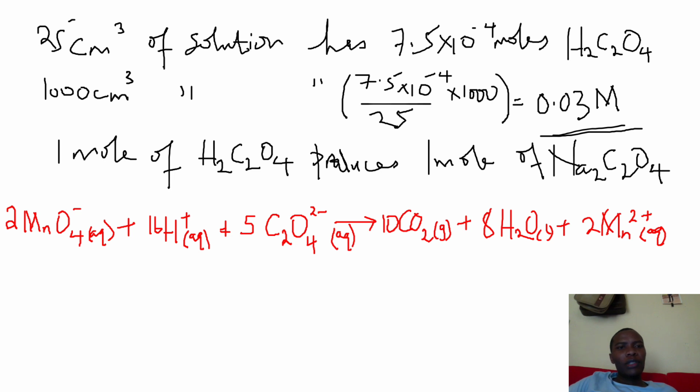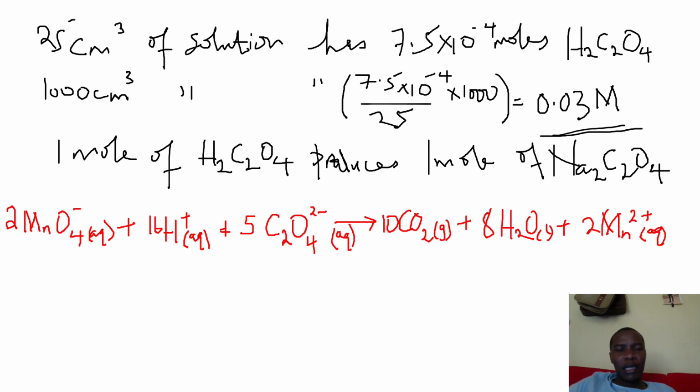Okay, so now I go for the calculation as quick as I can. I've been given 0.02 molar potassium manganate 7, and the volume required in that particular case was, if I'm not mistaken, I think it's 33.4. So I will get the moles of the permanganate.